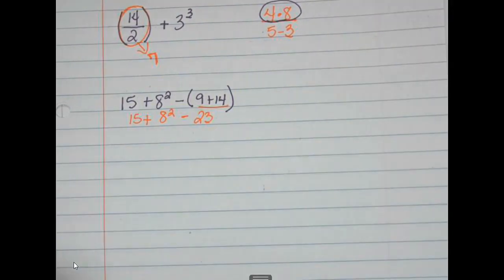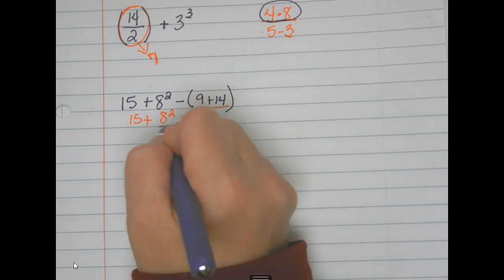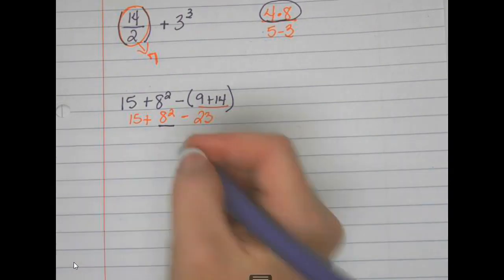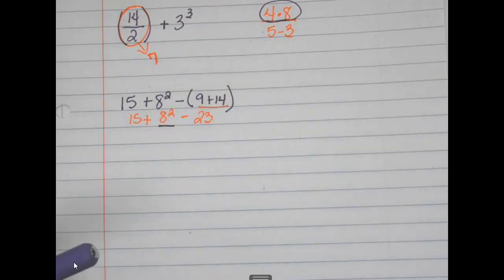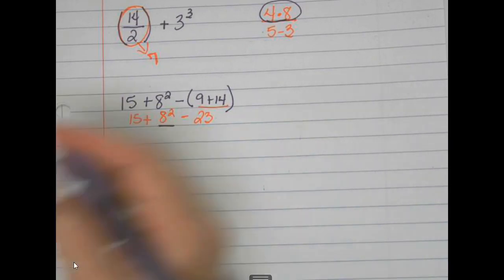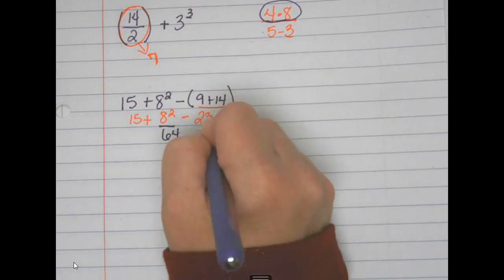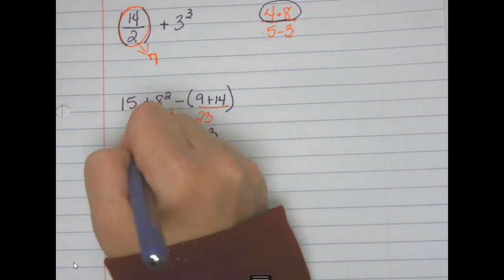My next one is going to be 8 squared. 8 squared is, it's not 16. 8 times 8 is 64. Minus 23. Everything else comes straight down.